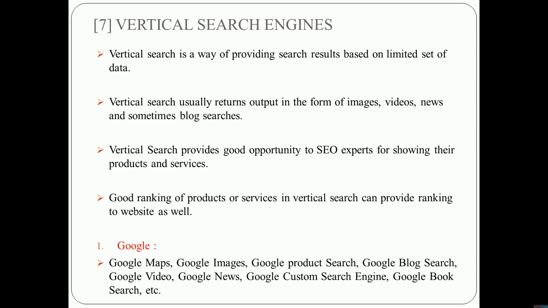So that vertical search is very useful to the user, who gets a better output, a better result as compared to another result. Vertical search usually returns output in the form of images, videos, news, and sometimes blog searches.